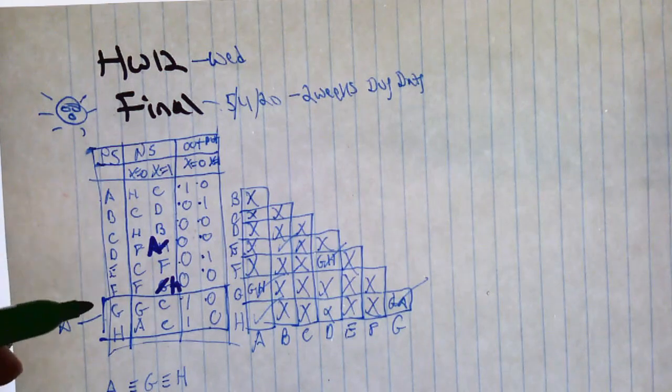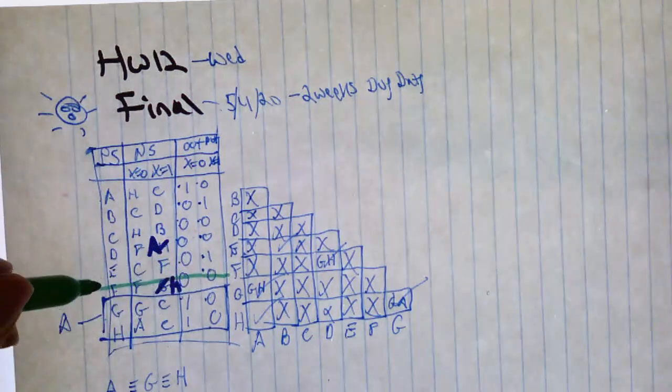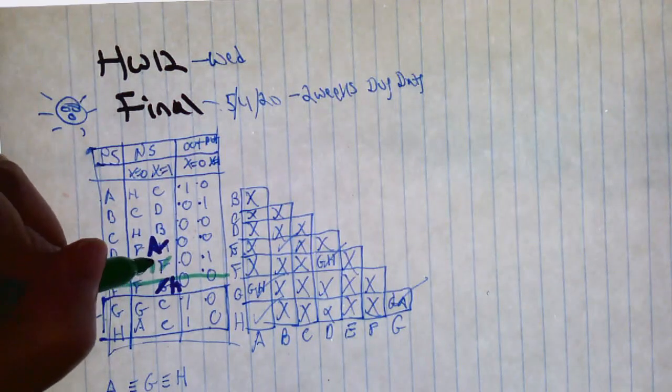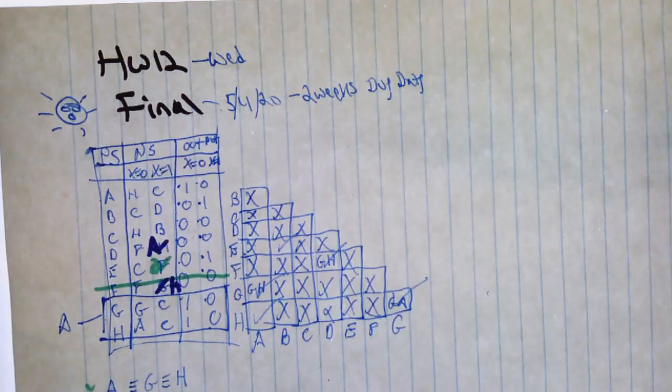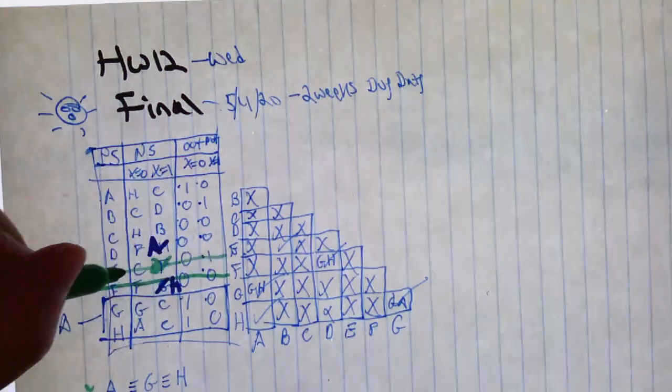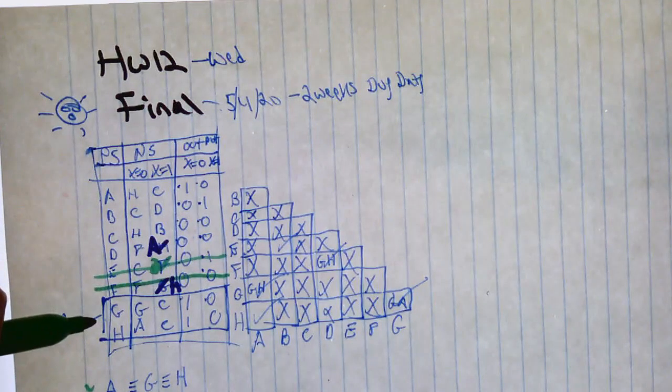We know we can cross out F and write in D. So that's pretty good. What about B and E? We can cross out E and, yeah.